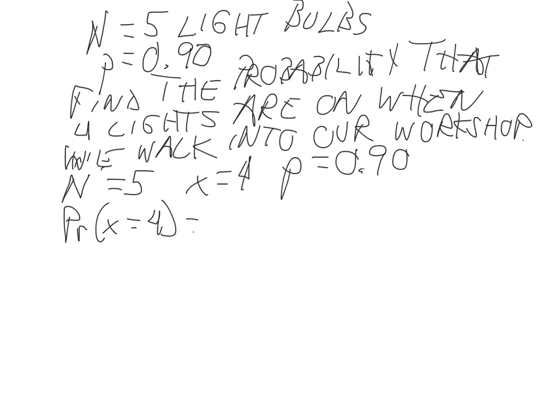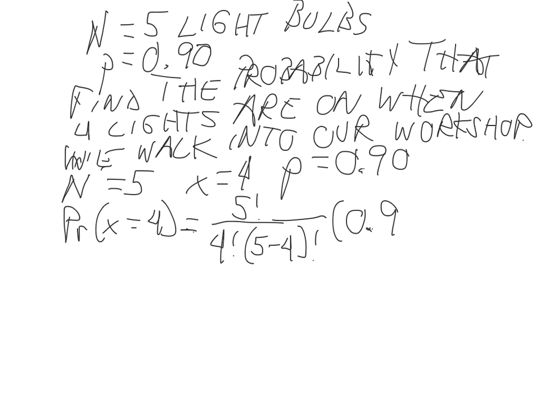So we plug into our formula. We're going to have 5 factorial over 4 factorial times 5 minus 4 factorial times, it's p to the x, so it's going to be 0.9 to the 4th times 1 minus 0.9, that's 1 minus p, raised to the 5 minus 4 power.